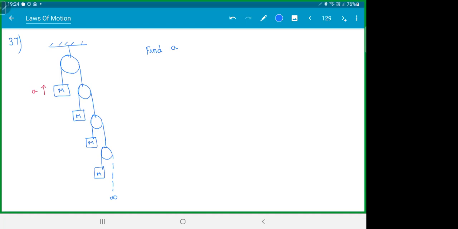G by 5. Adrit, you got it right. It's not G by 5. Let's see how to do this.